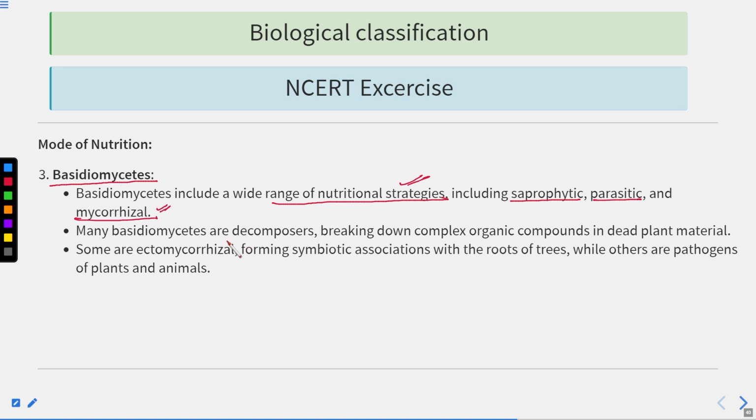Many Basidiomycetes are decomposers, breaking down complex organic compounds in dead plant material into simpler forms. Some are ectomycorrhizal, meaning they make a covering over the roots of higher plants on the surface only.